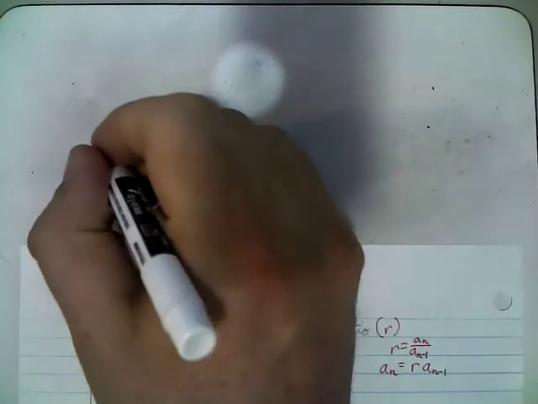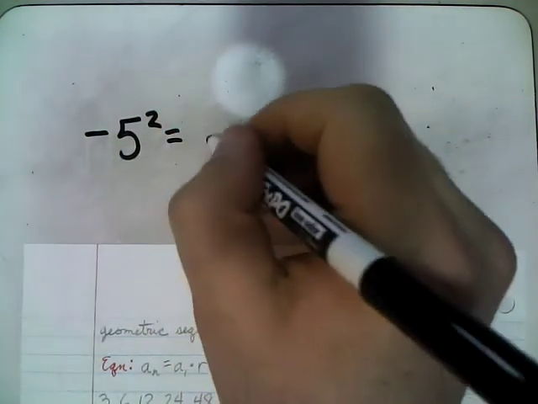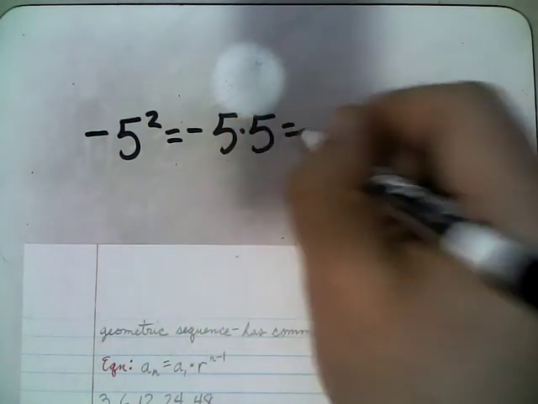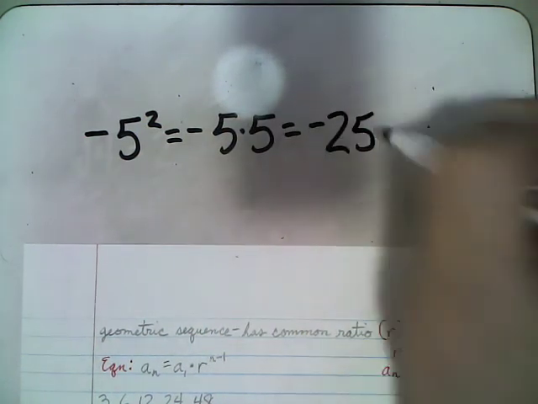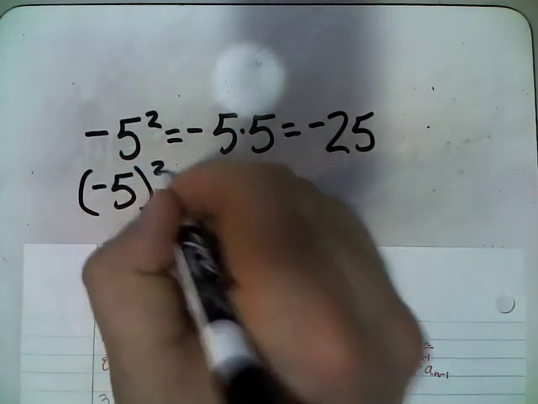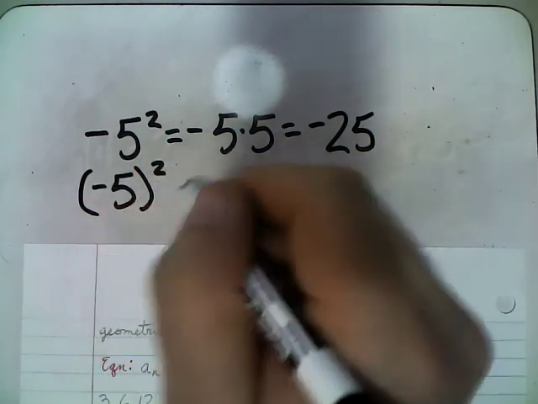So just to illustrate the difference there, keep in mind that if you had a negative 5 to the second power written like that, this would actually mean a negative 5 times 5, and so the actual answer should be a negative 25. But if you want to take the entire thing and raise it to the exponent, we express that using parentheses.